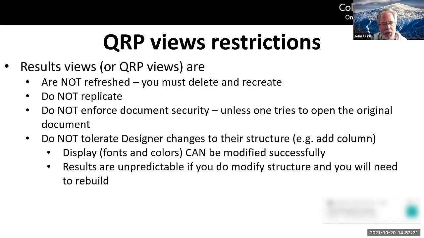But that's why we supply the reader lists on the execute to view call. They do not tolerate designer changes. You can play with the fonts and the colors all you want, but do not, for instance, add a column. The results are unpredictable, and you'll need to rebuild. That's basically the rule there. These are throwaway views. You'll learn that as you decide to throw them away. And they're recreatable. So you can keep them around as long as you want. They're static, so who cares? But that's the idea. You decide what you want to do there.